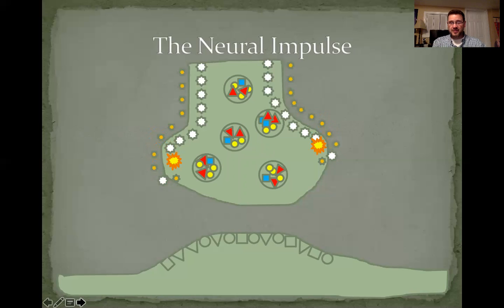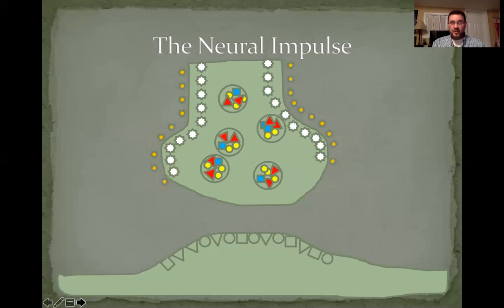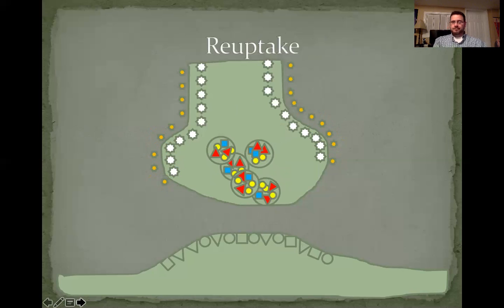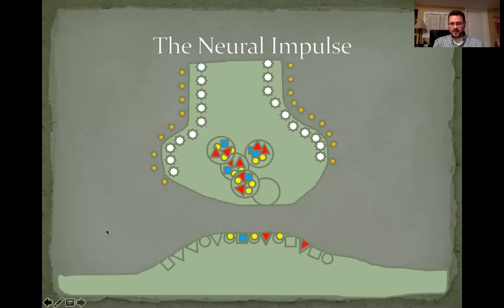Neural impulse continues, bizonk, and then plink, plink, plink, plink. Let's watch that in slow motion at the end. So, okay, so what we see here was, where are we at? Come on. Let's go here, and look at that.